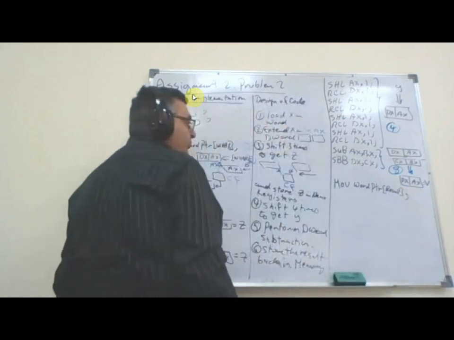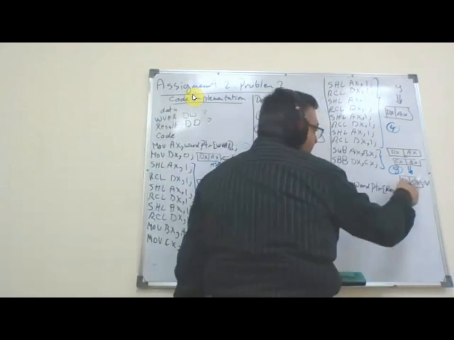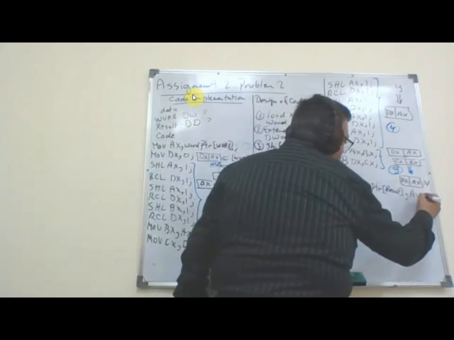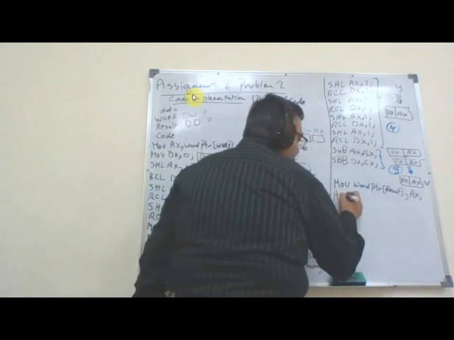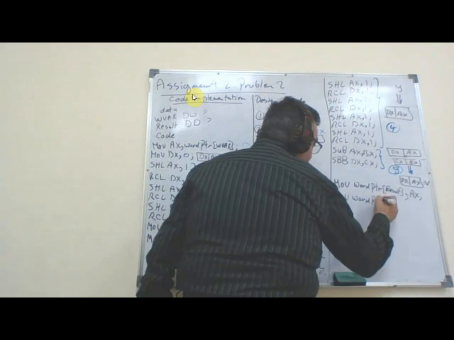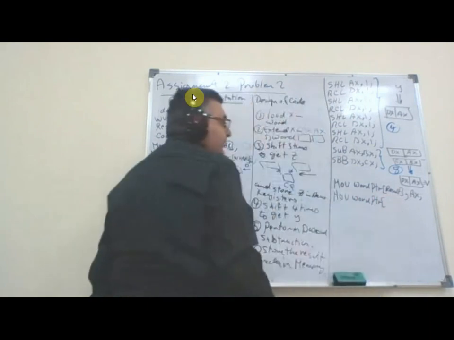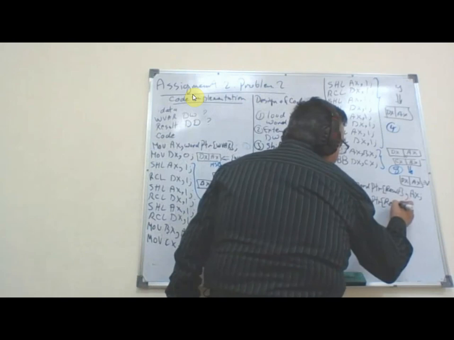I have to move, at the word, the first 2 bytes of the memory, the low order, low means AX. And I have to move in the word ptr, where should the DX be stored? Right after AX.